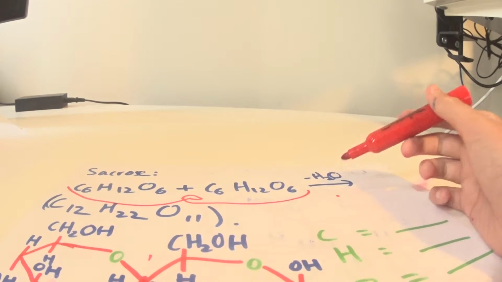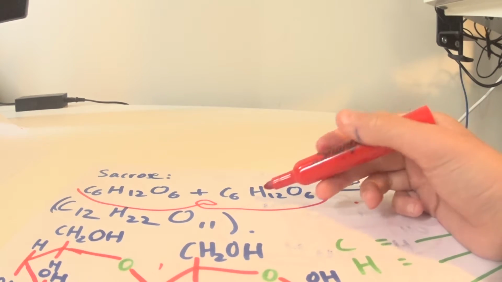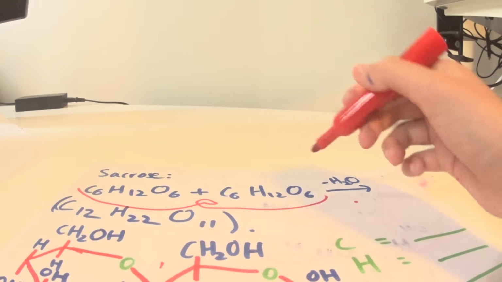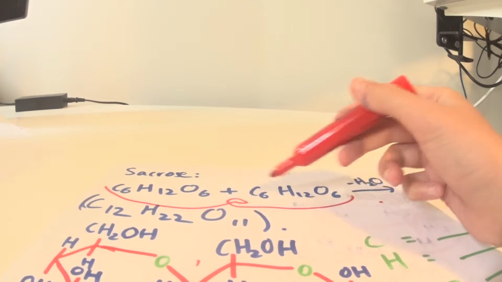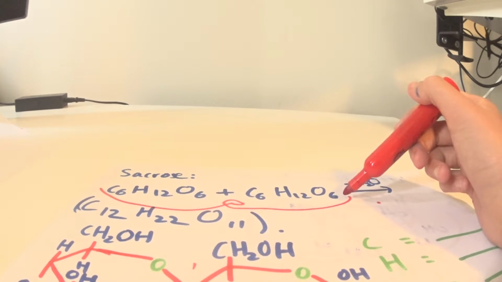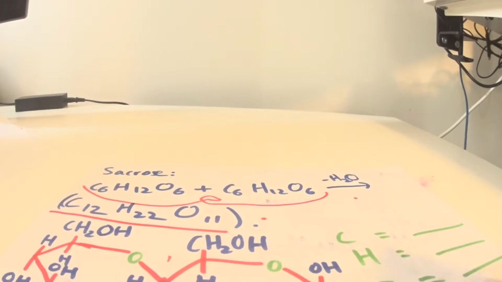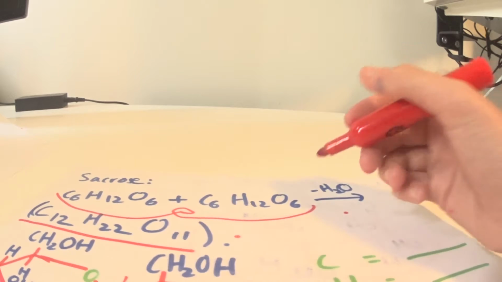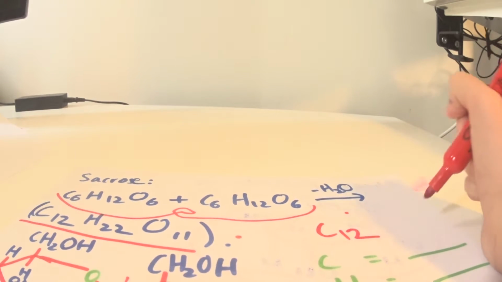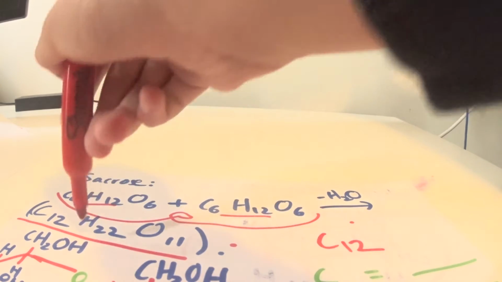So we get rid of our H2O, and so we do the math here. What's C6H12O6 plus C6H12O6 minus H2O? It's going to give you C12H22O11, which is saccharose. We know C12. But then we've got 24 hydrogens here. How come it's 22 here?